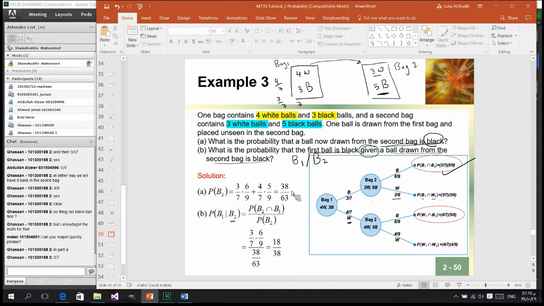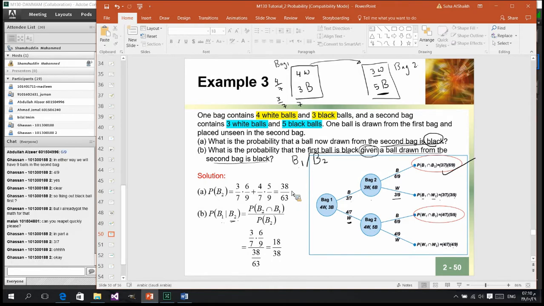Yeah, we already found the probability of B2, so we just use it. This one gives me the intersection, meaning BB, BW, WB, WW. This gives me all the intersections here. Now in the second one, it says given, which means conditional. The first ball is black given that the one drawn from the second bag is black. So B1 under the condition of B2, this is the rule: the intersection over the probability of B2.